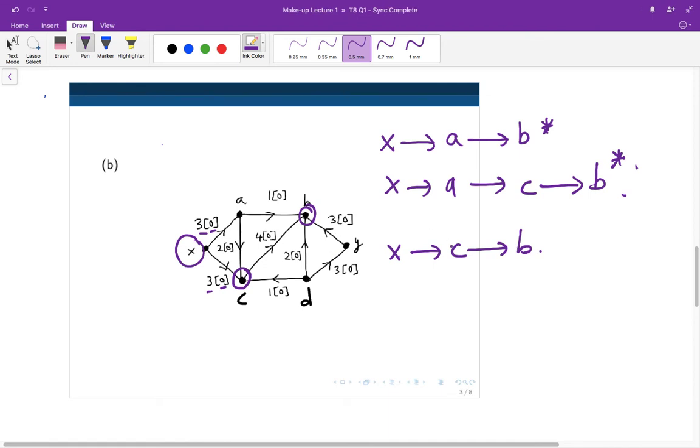Okay. Now, instead of going to B from C, can we go from C to A or C to D? Well, that's not possible because either arc, CA and CD, will be a reverse arc, but then the flow in these arcs are 0. So we can't use this as reverse arcs which are unsaturated. So this would be the only unsaturated path from X going to C and then to B.